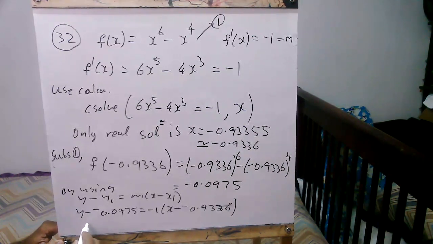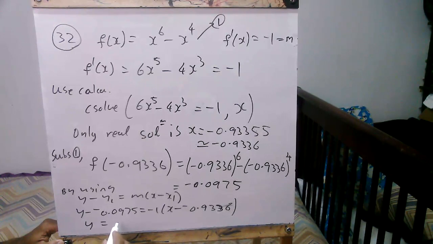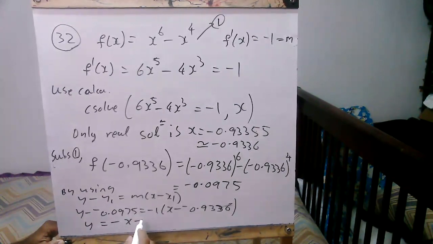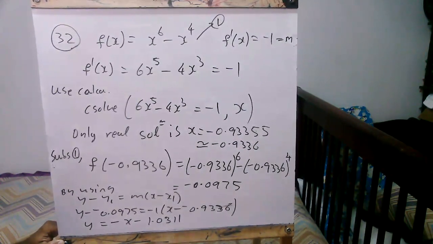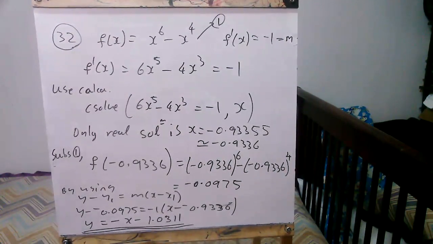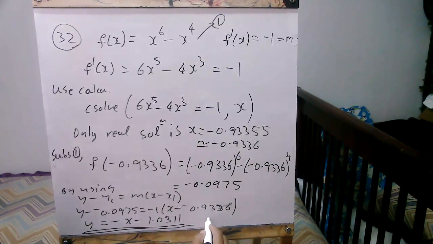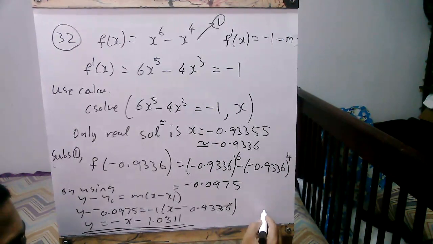So this gives us the answer: negative x minus, move this to the other side and simplify, you get negative 1.0311, right? This is the final answer, which is answer choice A again.